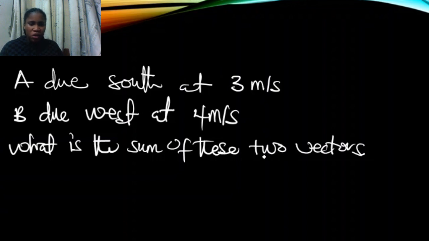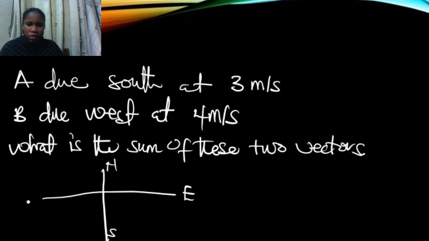First we can use the cardinal point of view to see the angle between these two vectors. So this is south, this is north, east, west. So this is moving due south at 3 meters per second, and this is moving due west at 4 meters per second.